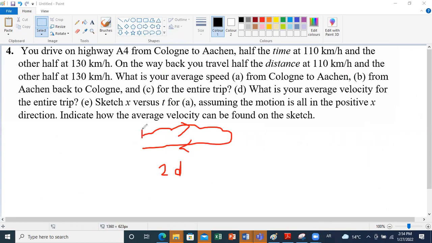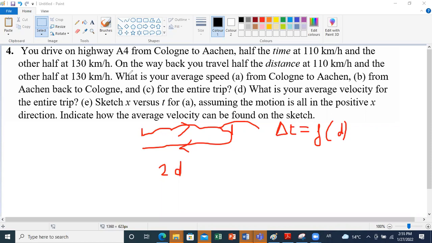In the first phase, we found delta t as a function of d. We have a relation for delta t of phase 1 as a function of the distance, if you remember. In the first phase, what was the average speed?